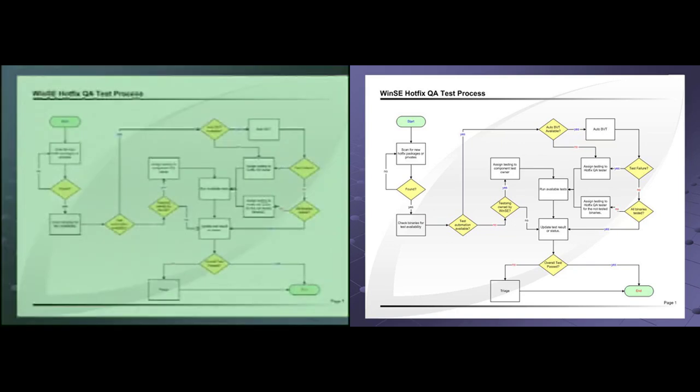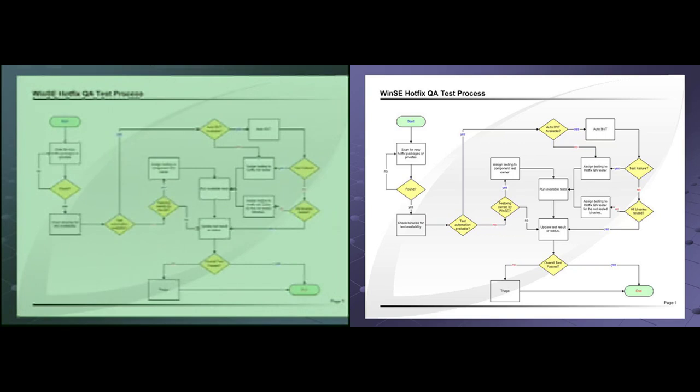This one selects the test machine automatically and re-images the machine to set up a clean test environment, installs the Hotfix packages or privates, selects the required test automation, runs the test, and updates the test result automatically.